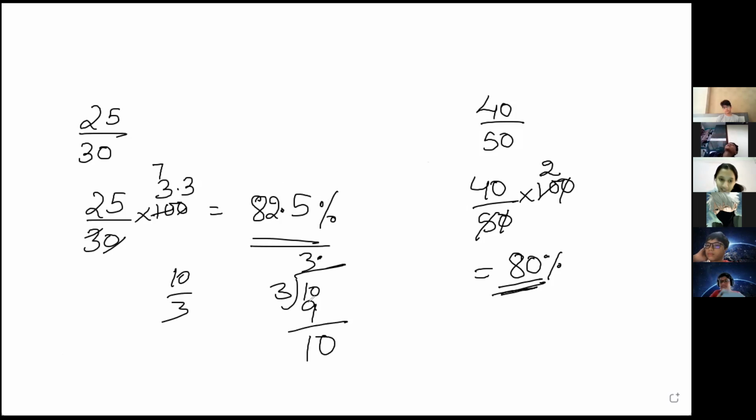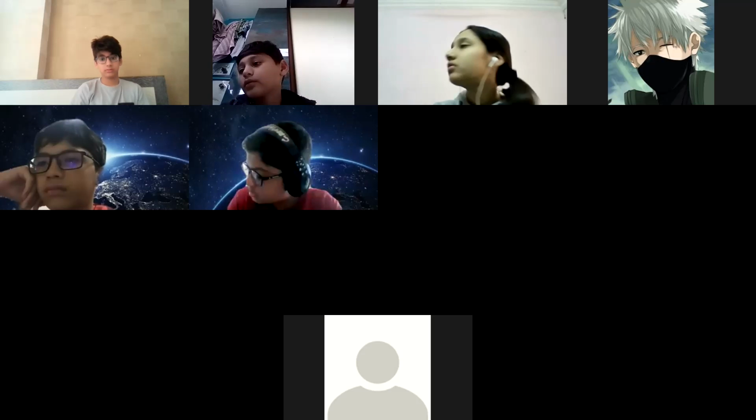You have learned these things. Don't forget these things, these are basics. So 3.3, I just took one decimal. You will have to put a bar on 3 because it will go on like that only. You can put 3.33 bar.